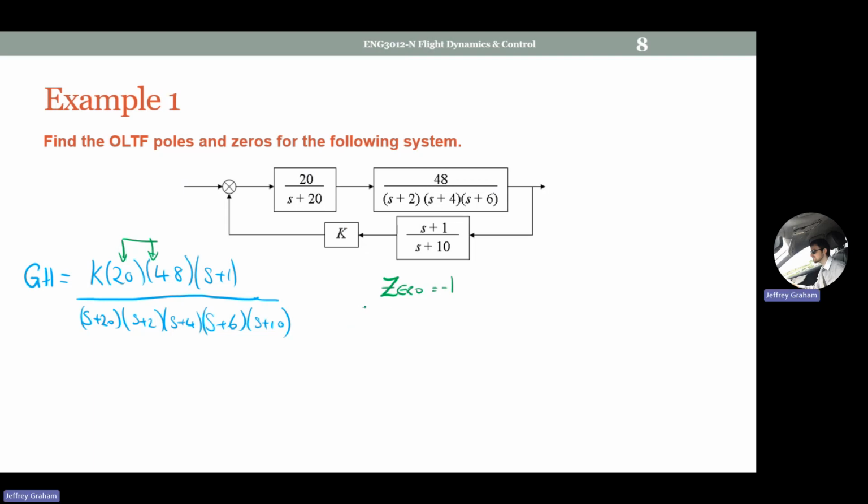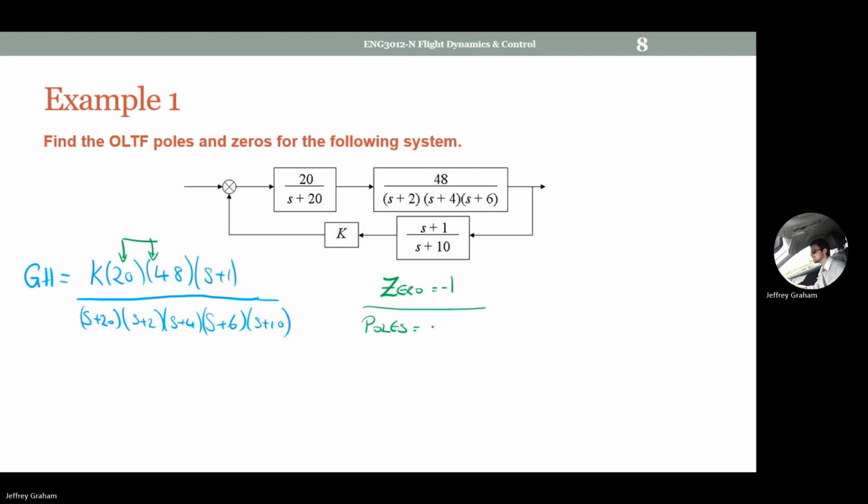Right, on the denominator, we've got the poles. We've got minus 20, minus 2, minus 4, minus 6, and minus 10, because it's the same principle. You put a number in for each bracket, has to add the value to it equal 0, so basically the reverse of the value inside.